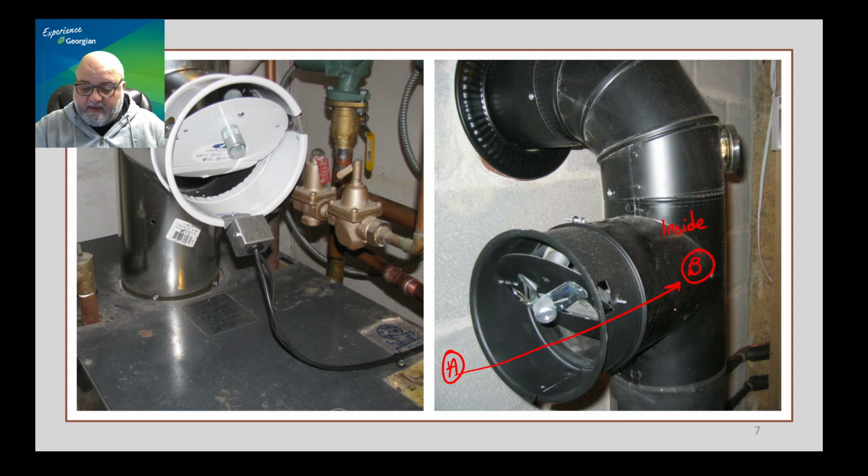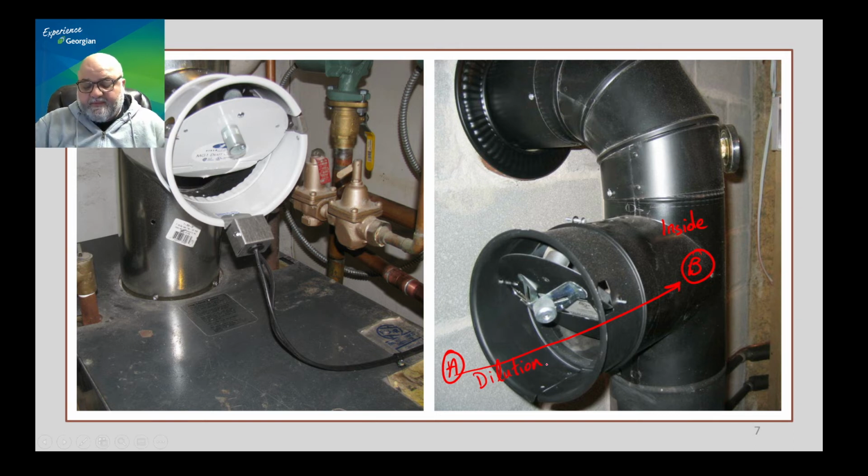And you can see how a circular flap here is being swung open so that air is going from point A to point B. We call that also dilution air.